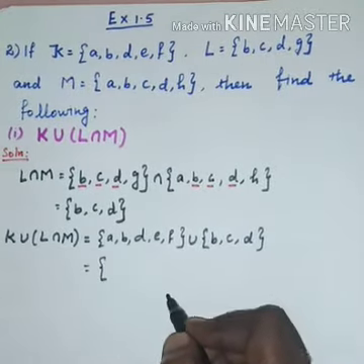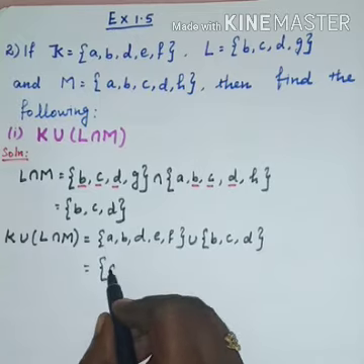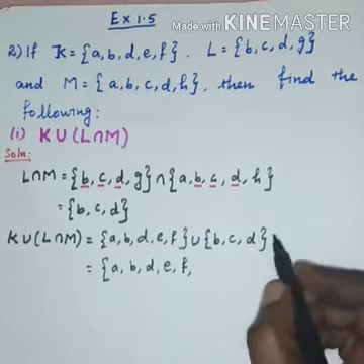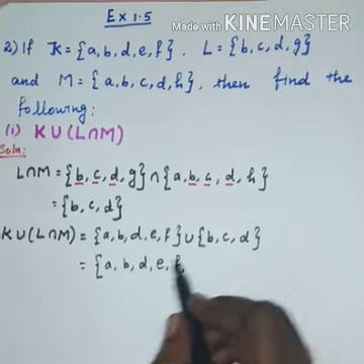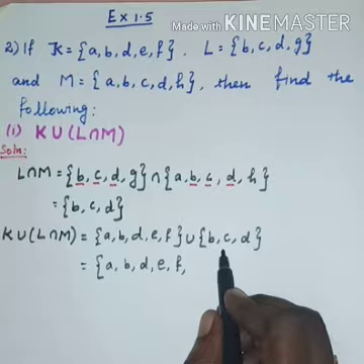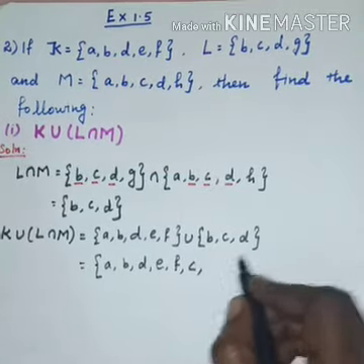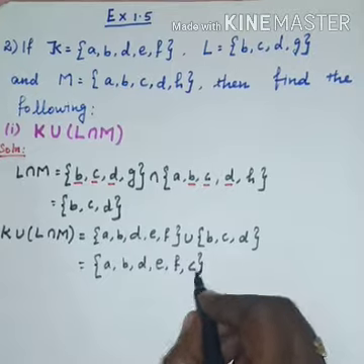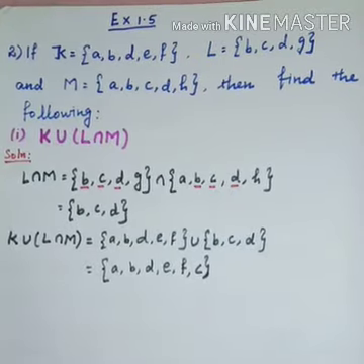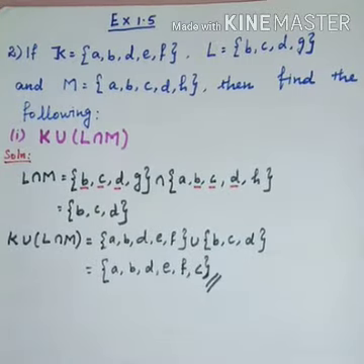So what are the elements? We have to write the first set fully. So A, B, D, E, F, and in this set B we already wrote here, so we need not write it once again. And then C we didn't write here, so include C. And then D we already wrote here, so no need to write D again. This is the answer for K union (L intersection M).